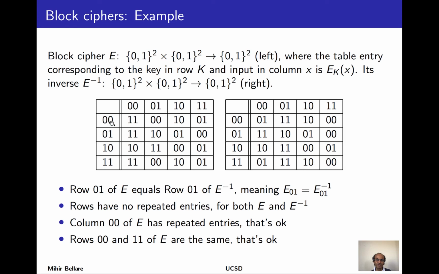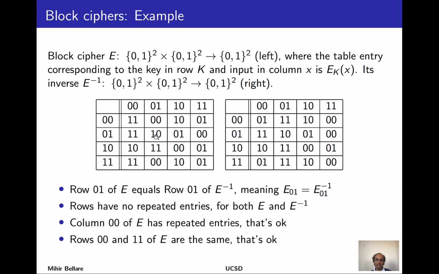And in every row, we write the function determined by the key indexing that row. So this says E of 0,0 on input 0,0 is 1,1, and on input 0,1 is 0,0, and so forth. So you read the table in the natural way. And each row corresponds to one of these E sub k functions.